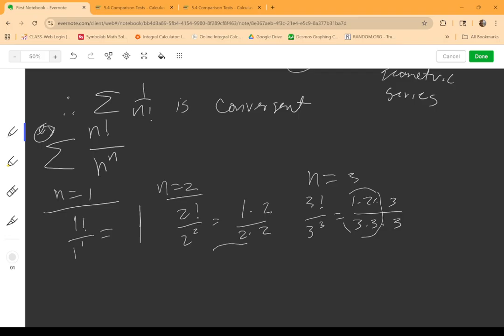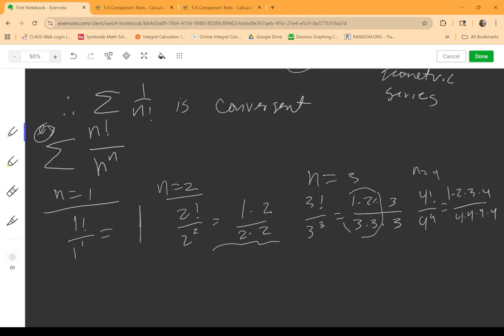Starting here, the first one is 1, so that pattern doesn't hold. Let's do one more. 4 factorial over 4 to the 4th, so that's 1 times 2 times 3 times 4 over 4 times 4 times 4 times 4. That last one being 1, the largest term, and then before that is 3/4.